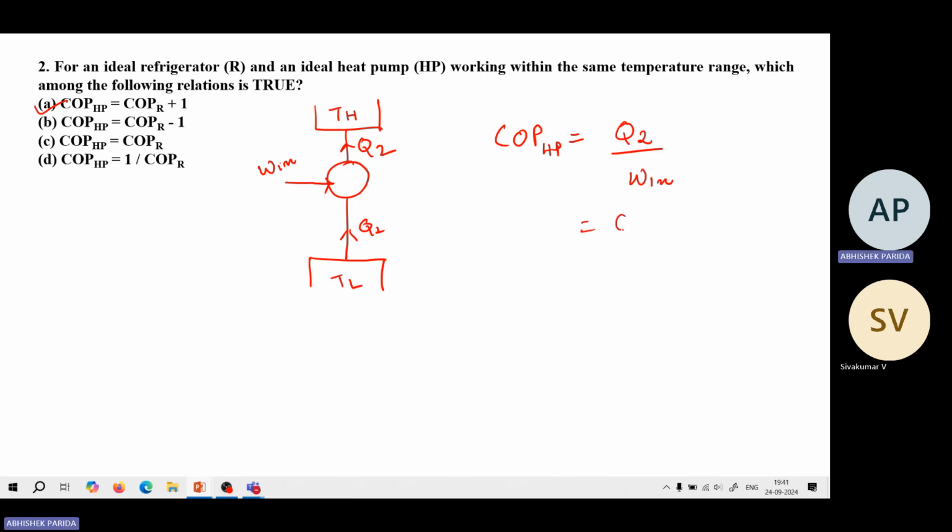Now in place of Q2, you can write Q1 plus W in, by W in. So we can write this as 1 plus Q1 by W in. This Q1 by W in is the COP of the refrigerator. That is why you find this answer to be correct. Okay.